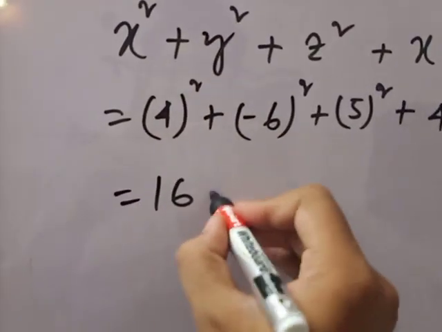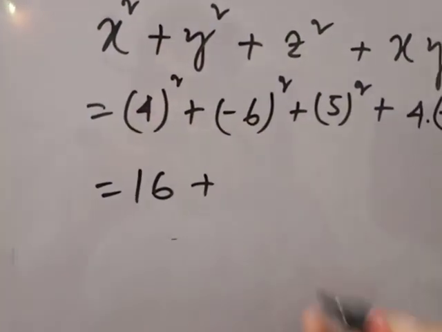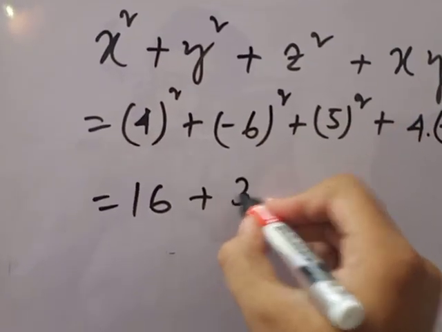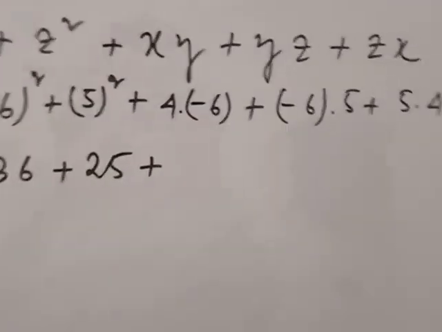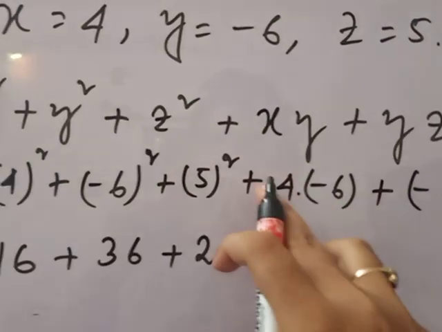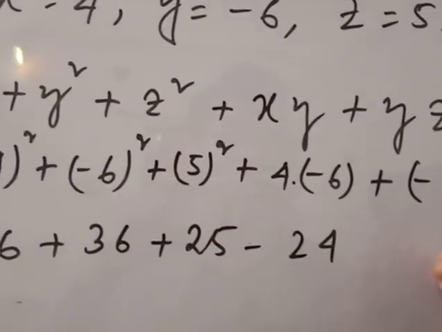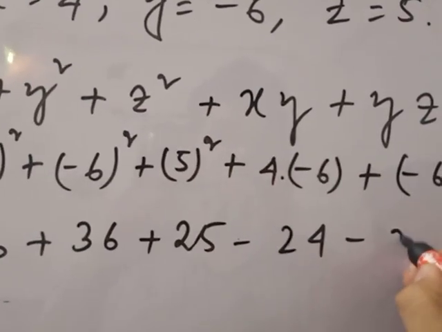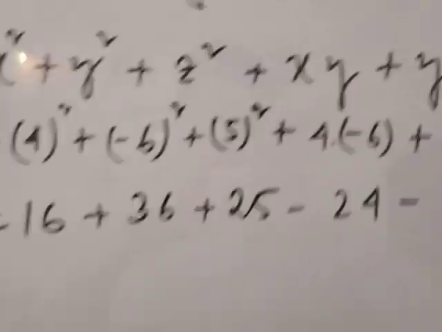4 square means 16, minus 6 square, minus square means plus, so 36, plus 25. See that? 4 into 6 is 24, plus into minus is minus, so minus 24. Similarly, plus into minus, minus 6 into 5 is 30, and plus 20.